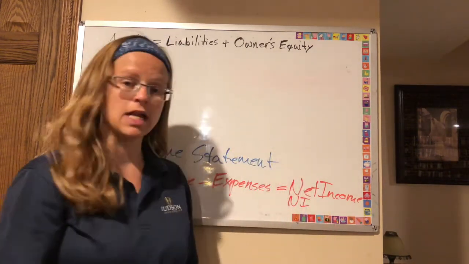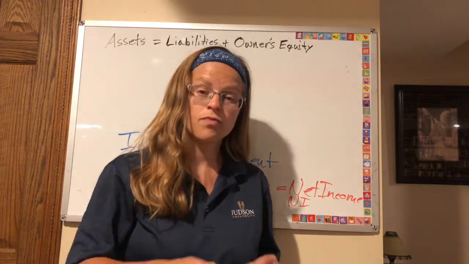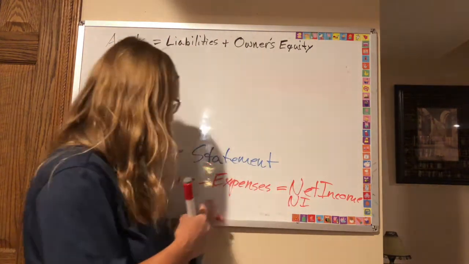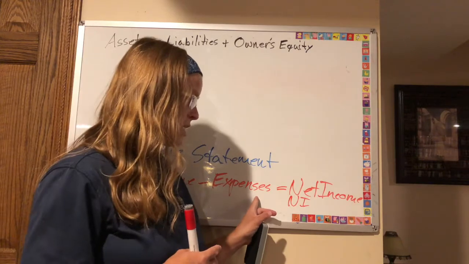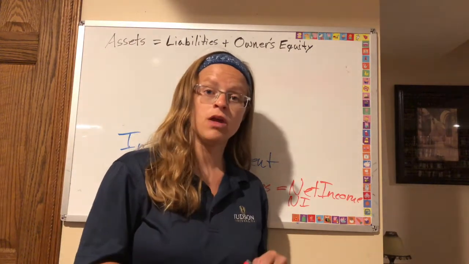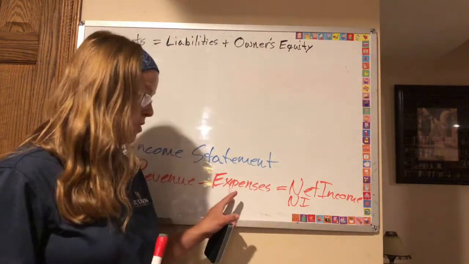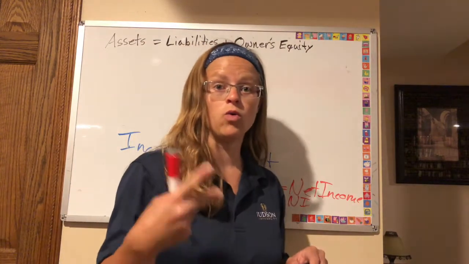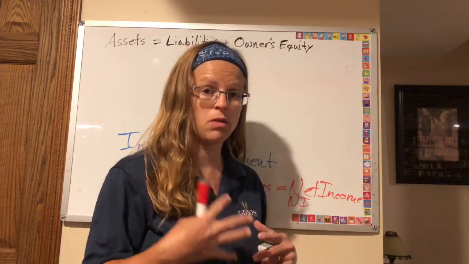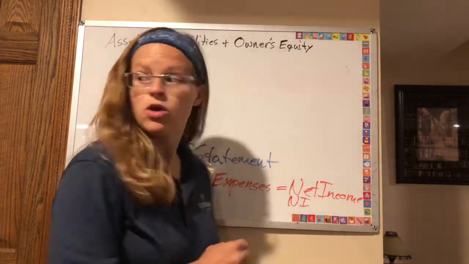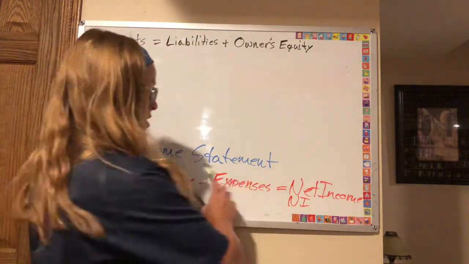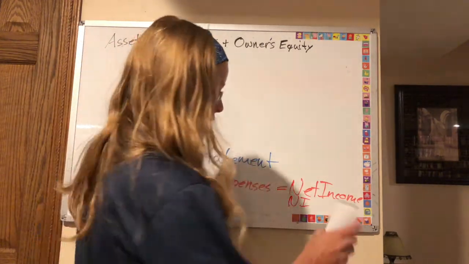Net income is part of owner's equity as well, and you'll see that in more detail later on. So these are the various financial statements that we'll discuss in more detail.